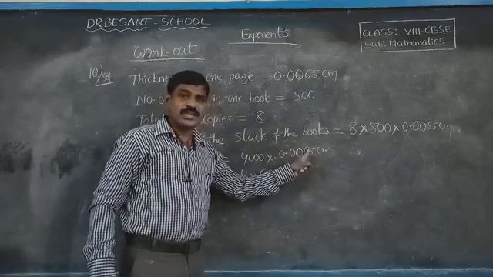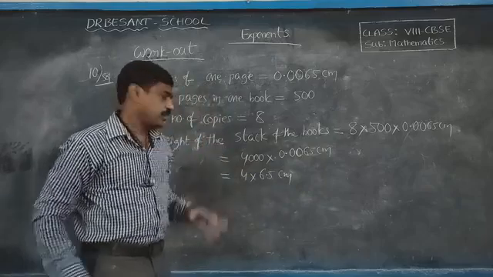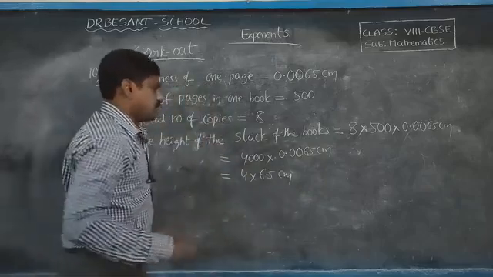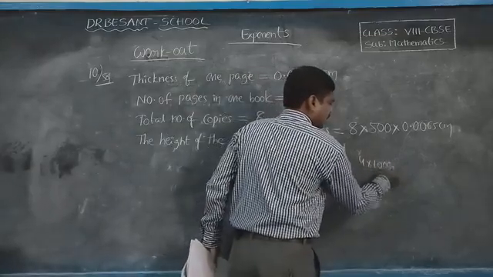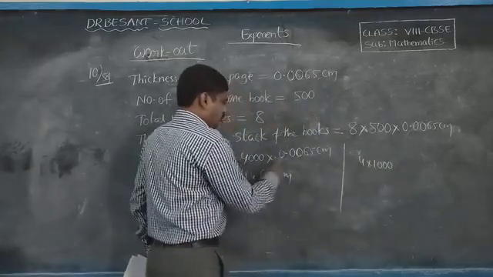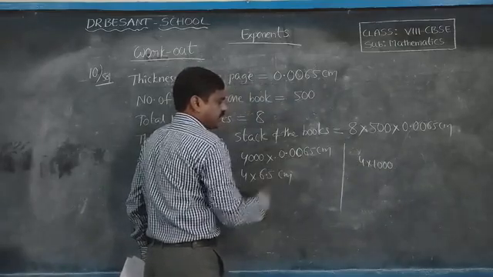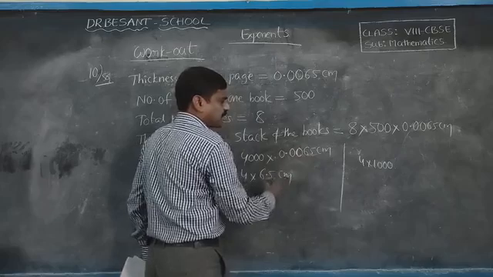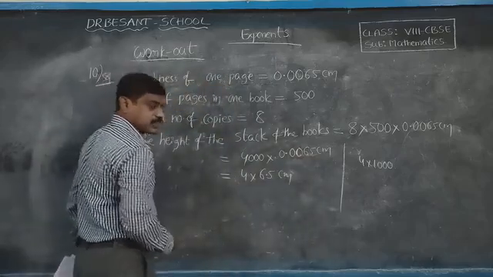It will become 6.5 centimeter. Then we know that 4000 means 4 into 1000. So 1000 we multiply with 0.0065, then the decimal moves 3 places. That will become 6.5. So that is 4 into 6.5.